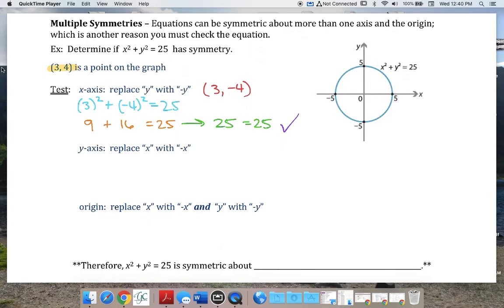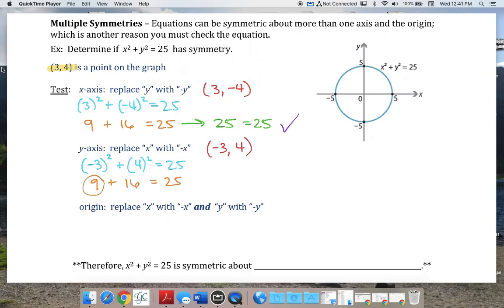So then we'll check for y-axis symmetry. Across the y-axis is when we change our x value. So now we're going to change x to be -3, but we'll keep y as +4. All right, so we're going to plug in a -3 for x this time, but we're going to go back to +4. And then we'll simplify. So -3 squared is 9, 4 squared is 16, equals 25.